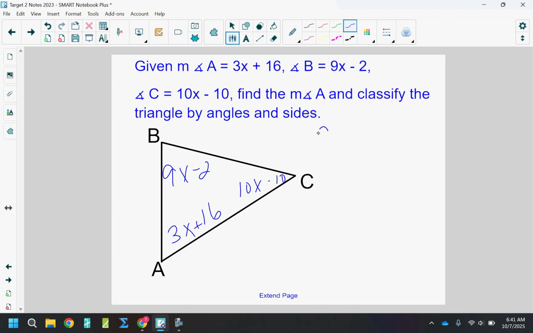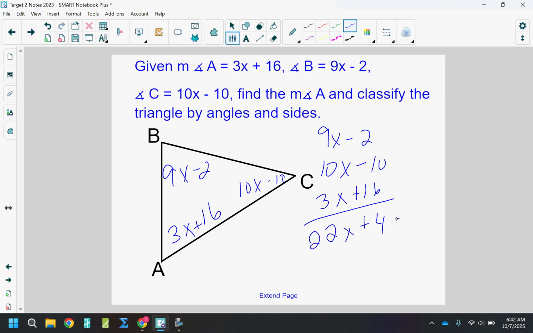So if I add up all three angles, that's going to give me 22x plus 4 equals 180. If I subtract 4 from both sides, that's going to give me 22x equals 176.